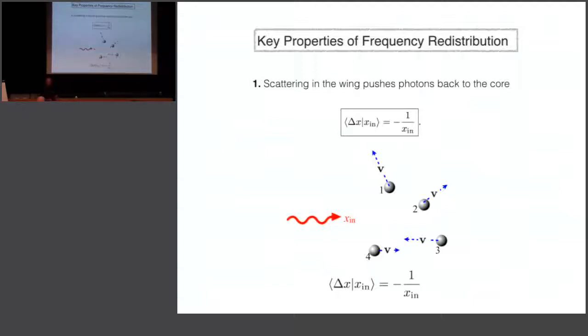What this means is that if you are a photon very far in the wing at a very high frequency, the scattering tends to push you back to line center. If you're very far in the wing on the low frequency side, again you get pushed back to the center.